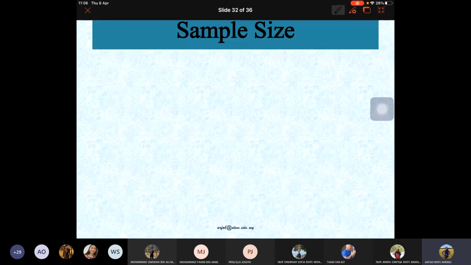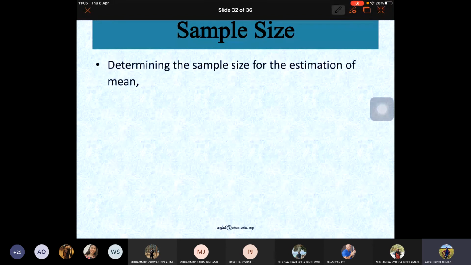The next one, kita ada sample size. Okay, so how we are going to determine the sample size? Kita nak tahu berapa banyak sampel yang sepatutnya kita ambil bagi sesuatu pengukuran. Okay, so determine the sample size for the estimation of the mean.